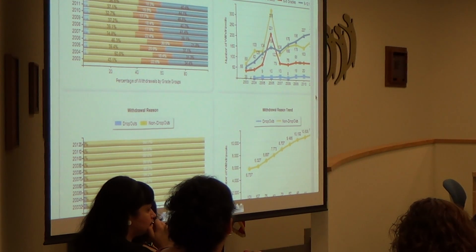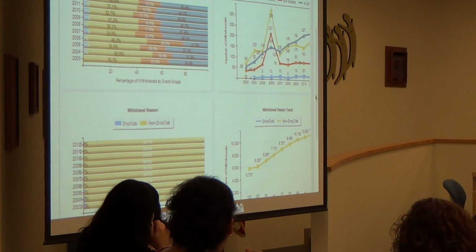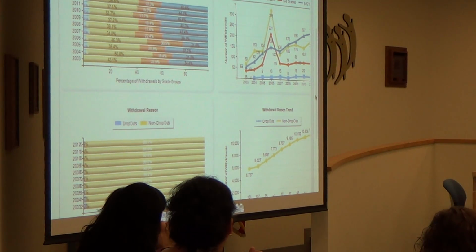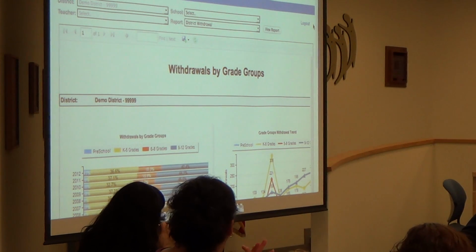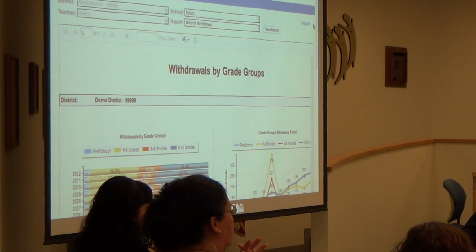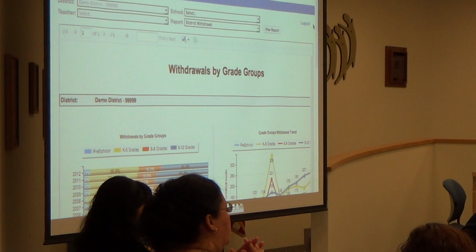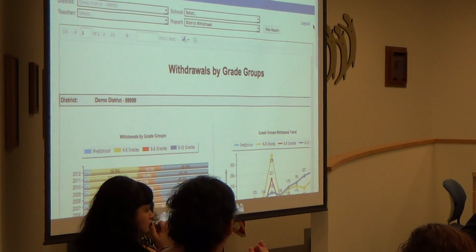Right now it's just the withdrawal by grade groups, and then the reason right now is just dropped out or left the school. Yep. So this is the tip of the iceberg, right? I hear the girls behind me talking about, gosh, wouldn't it be great if we had such and such. That's why we need you to start using this.